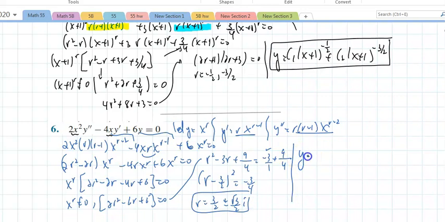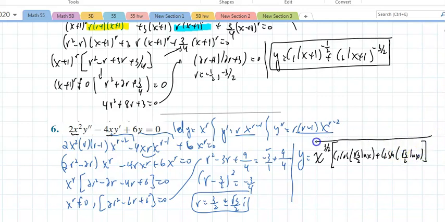The solution is going to be x to the 3/2 from what we started this section with, and it's going to be c1 times the cosine of radical 3 over 2 natural log of x, plus c sub 2 times the sine of radical 3 over 2 natural log of x. And there it is.